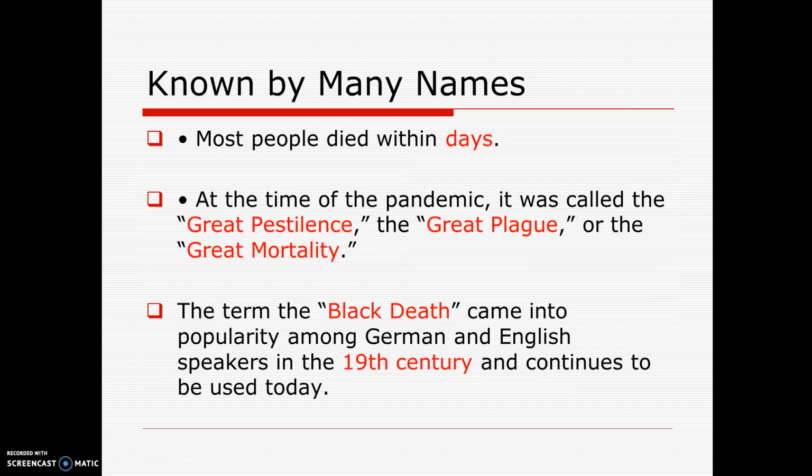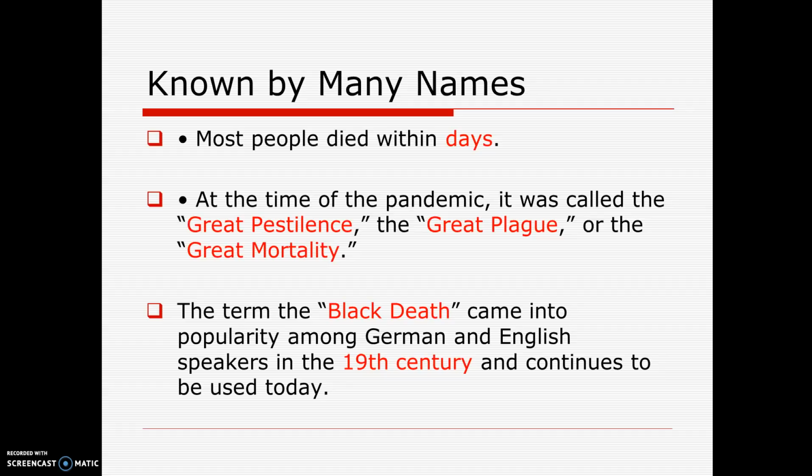So the Black Death is known by many names. Like Boccaccio said, you die within the day, lunch with your friends, dinner with your ancestors. Most people did die quite quickly, and by quickly we mean within days. At the time of this pandemic, the Black Death or Black Plague or bubonic plague was also known as the Great Pestilence, which makes sense.